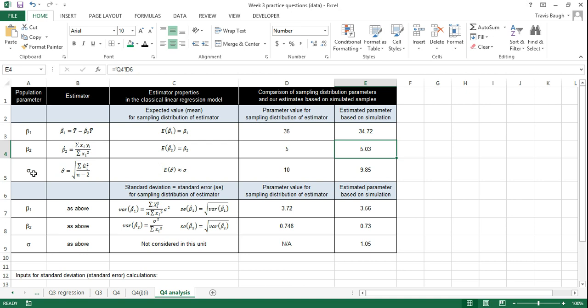A similar process for looking at the standard error. We knew in part B that the standard deviation of the error was 10. When we look at our estimates of the standard error, their average comes to 9.85, which is very close to expectations.